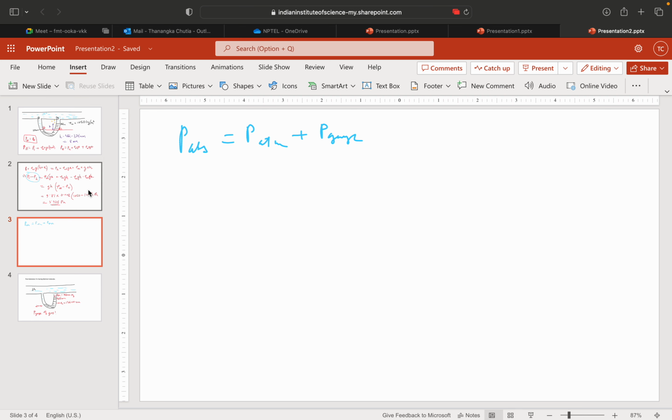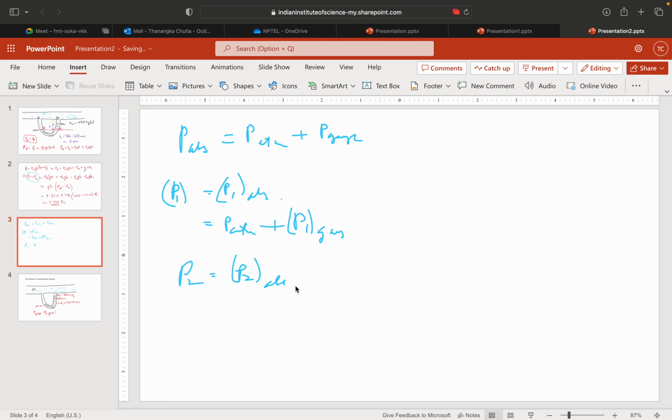Suppose this is my P1 absolute. Then it will be P atmosphere plus P1 gauge. Similarly, P2 absolute will be P atmosphere plus P2 gauge.